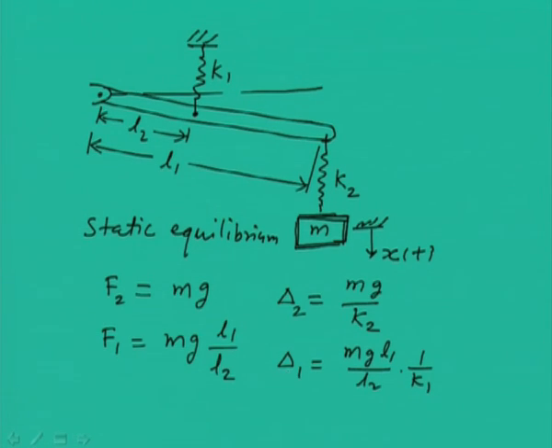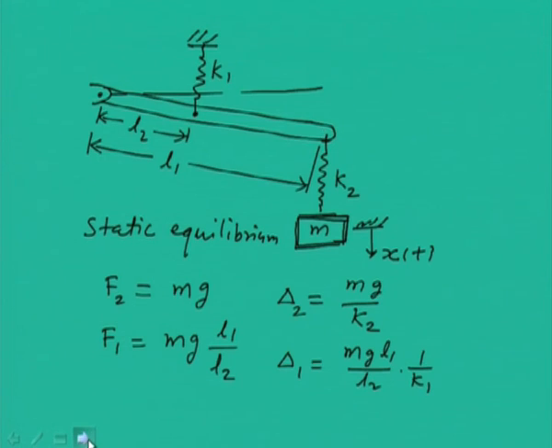You can see that whatever the delta 2 displacement is, the mass will have the same displacement, but when we are talking about delta 1 displacement here, that is the stretch of spring K1, the equivalent displacement at the free end we need to obtain.